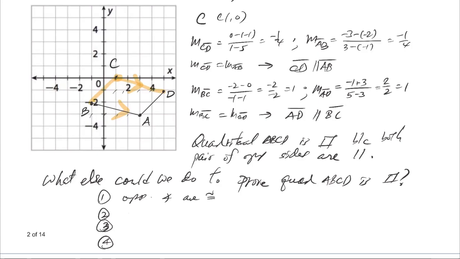I think what we have is an opposite pair that is both parallel and congruent, right? Okay. What else do we have? That's right. We got opposite sides are congruent.